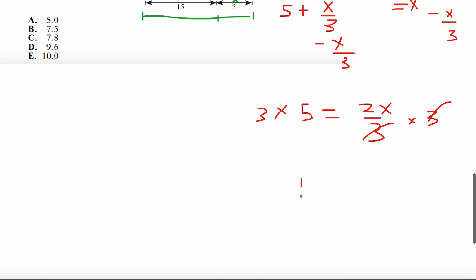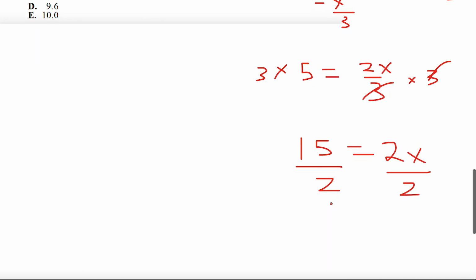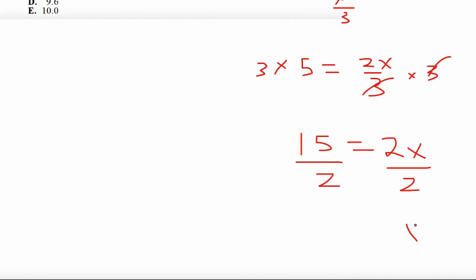And we get 15 is equal to 2x. Then to solve for x, we divide both sides of the equation by 2, and we get x is equal to 15/2, or 7.5 in this case.